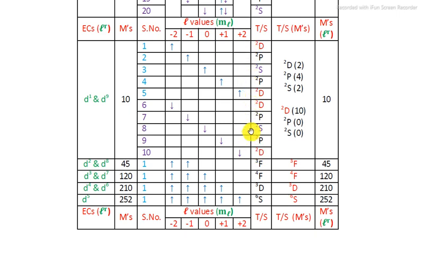Let us go for the term. If the electron is present in the middle orbital, the L value is 0 and the term is S, 2S. Here also 2S.